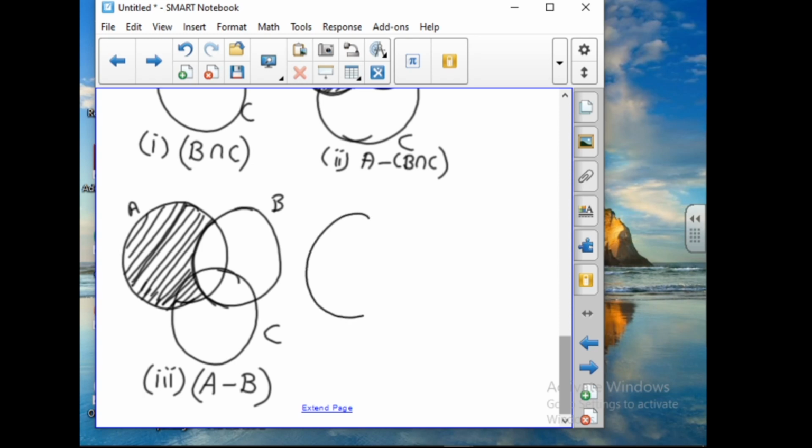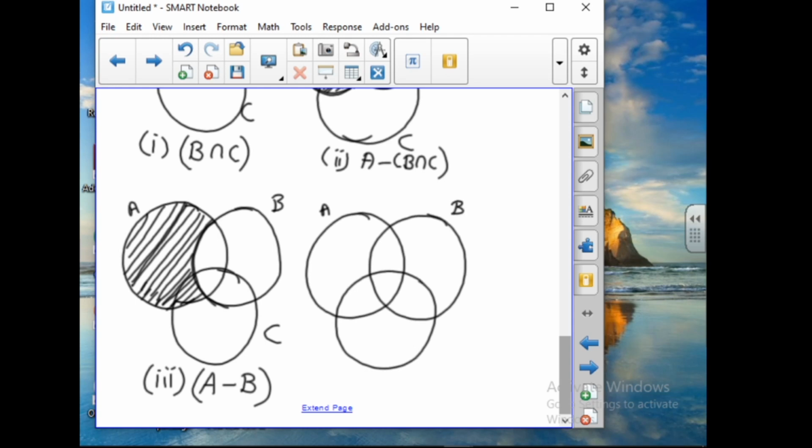Then next one, A difference C. So like this you have to find A difference C. A, B, C. A difference C. The same way you have to draw. In the A circle you have to eliminate the set of C. That means the C set is not included here.